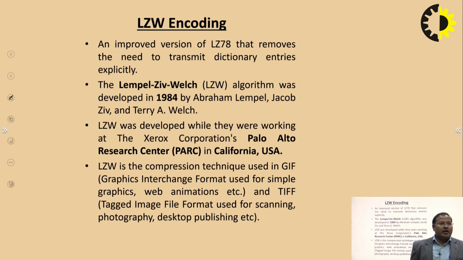It was developed while they were working at the Xerox Corporation, Palo Alto Research Center, Park in California, USA. LZW is the compression technique used in GIF, graphics interchange format, used for simple graphics and web animation, etc. And TIFF, tagged image file format, used for scanning, photography, desktop publication, etc.